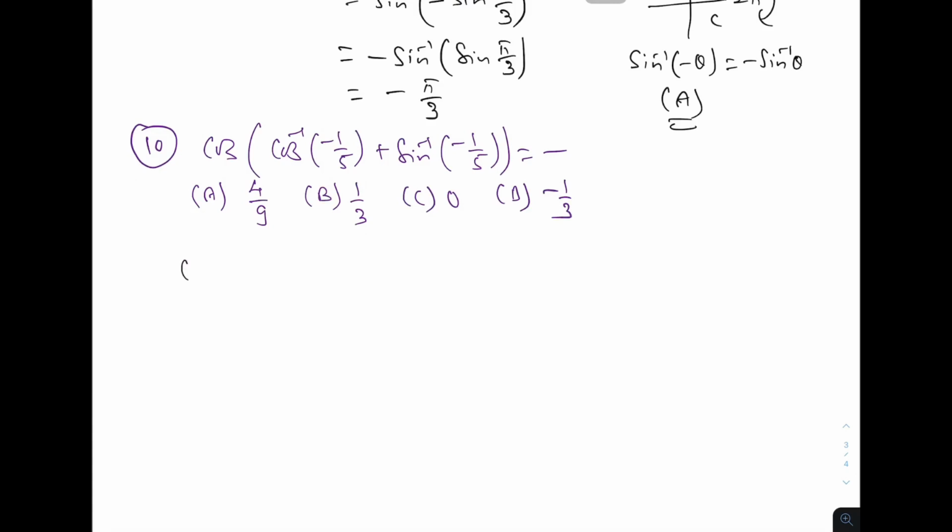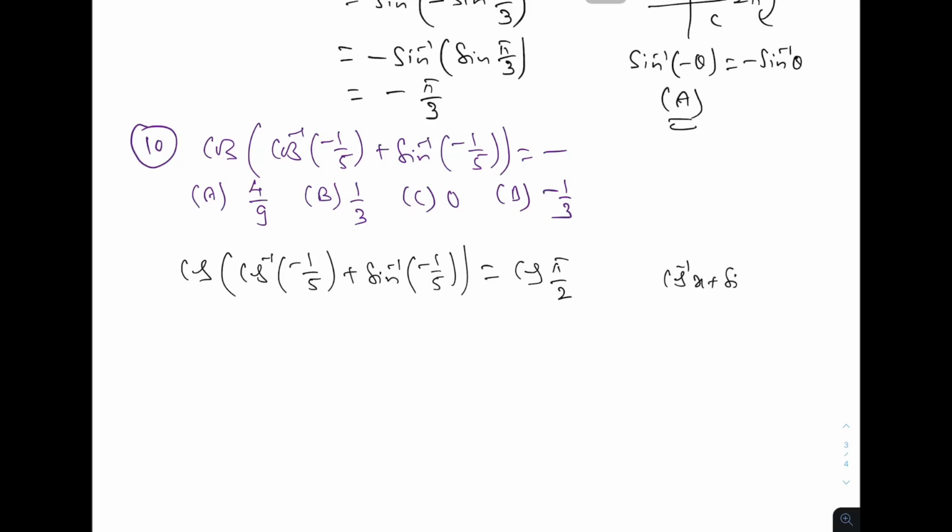Now see here, cosine of cosine inverse minus 1 by 5 plus sine inverse minus 1 by 5 equals cosine pi by 2, because we know that cosine inverse x plus sine inverse x is pi by 2 if x lies in the interval minus 1 to 1. And cosine pi by 2 is 0. So the answer is 0.